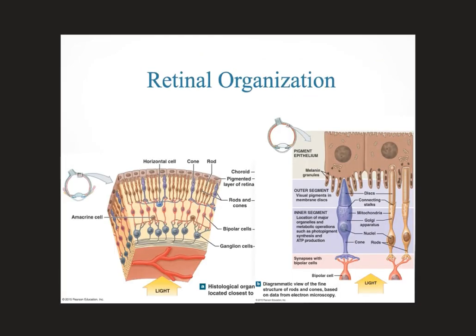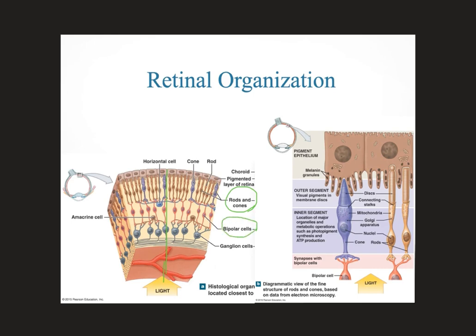This is just showing you how the retina is going to be organized. So the light is going to come through here. Once it comes through here, it goes all the way back to the rods and cones. The rods are going to be detecting black and white, and the cones are going to be detecting colored structure. From here, it's going to synapse with a few cells.